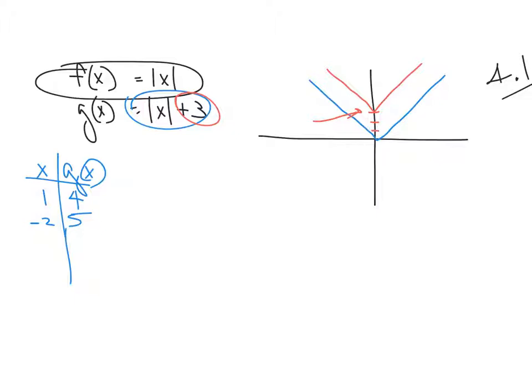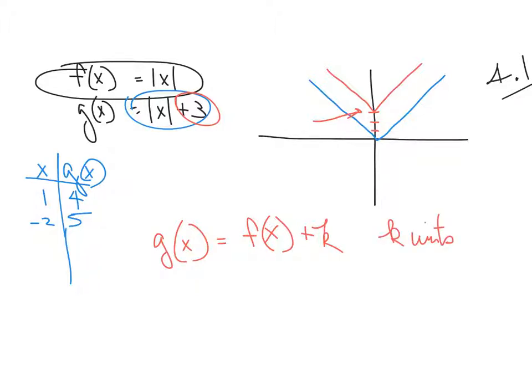So therefore, if we have a graph such as the one we have here, let's say this is middle of page 247, the vertical shift, up or down, it's going to shift this much, k units.